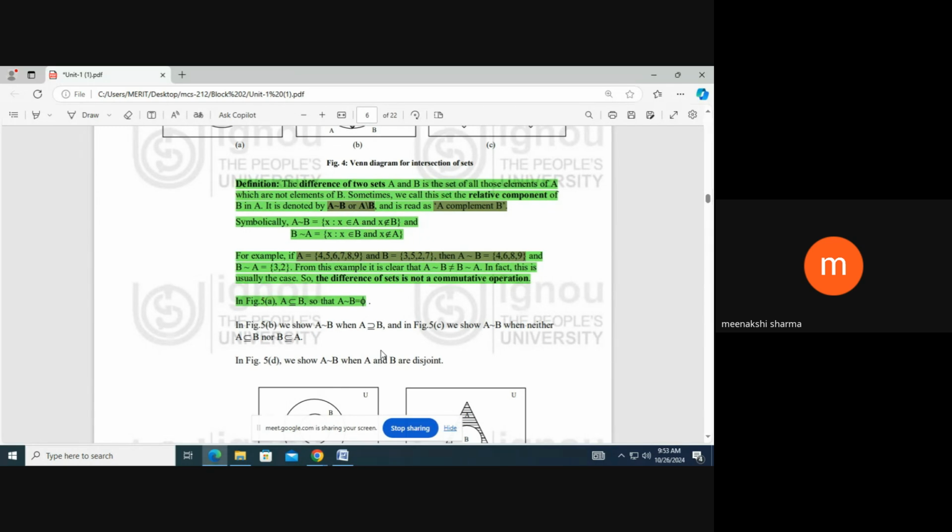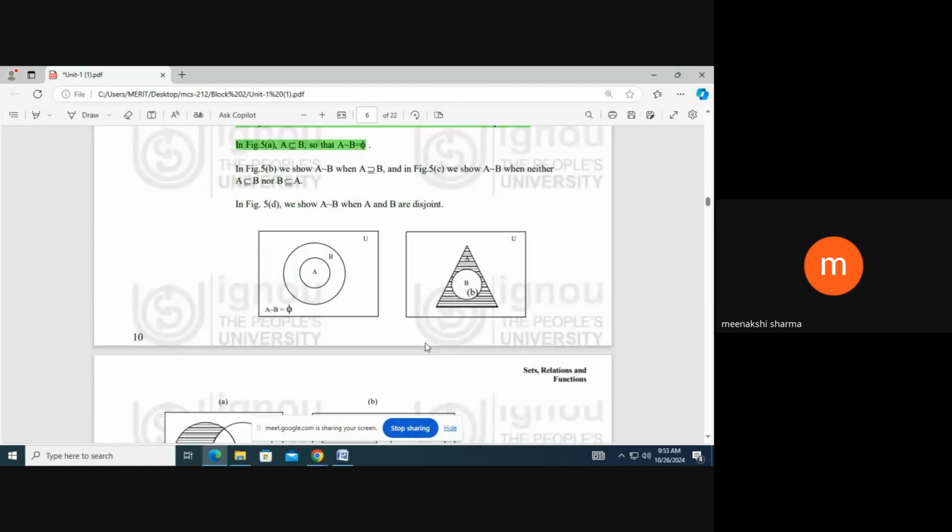Then we find A difference B. That means all the elements of A that are not considered in B. And B we don't use. That's why we use just 4, 6, 8, 9. These are only set A elements, and they do not belong to set B. Okay, student, got it? Then there is a Venn diagram of this one.